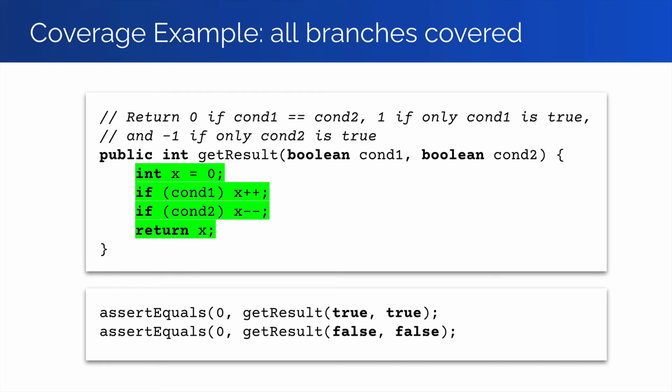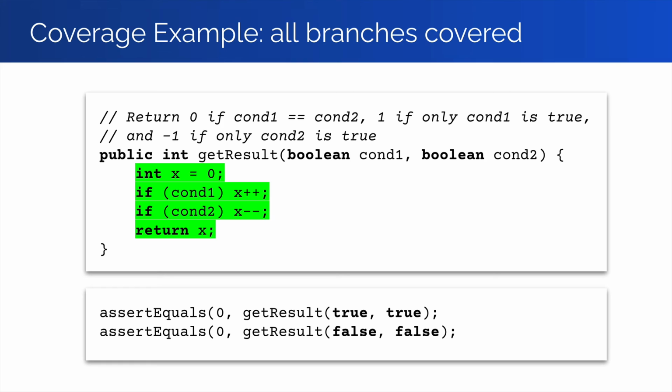However, I could give you another example where these exact same test cases pass and where I get 100% coverage from both statements and branches, but the code is not correct. Now, I would have to change the code to do that, but I wouldn't have to change it a lot.